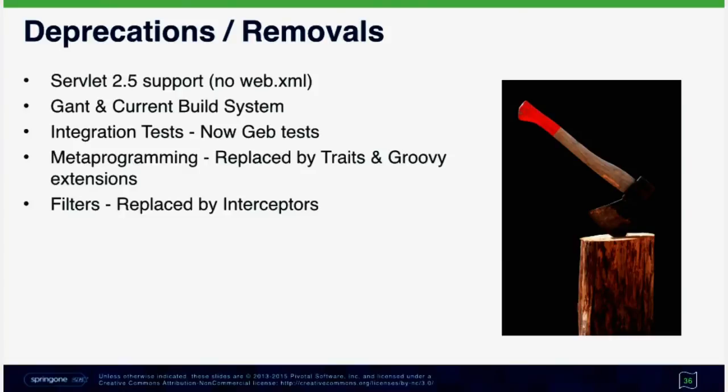So if you're upgrading, you can still use your existing filters, and that's fine. But we encourage you to look at interceptors if you're doing an upgrade to an existing application and consider using them instead. Again, it'll help your memory consumption, it'll help your performance, and generally that's where the future development focus will be in terms of that part of the framework.